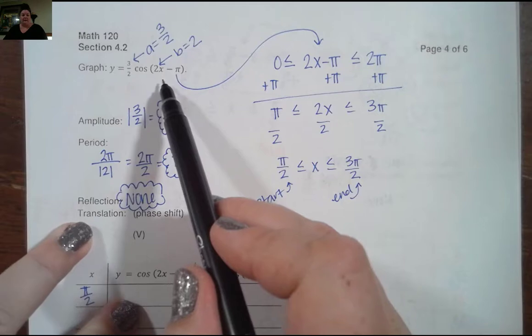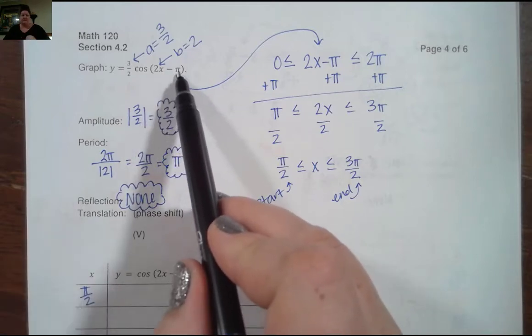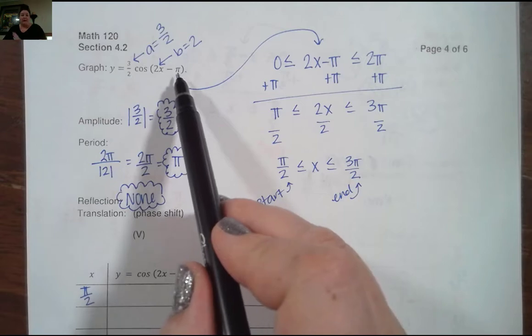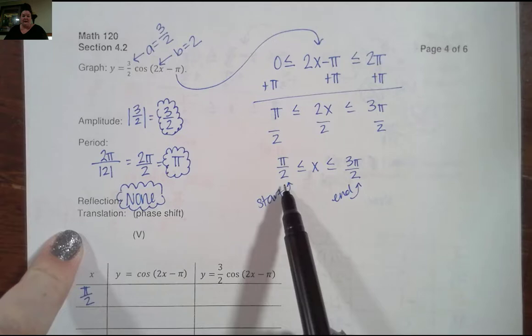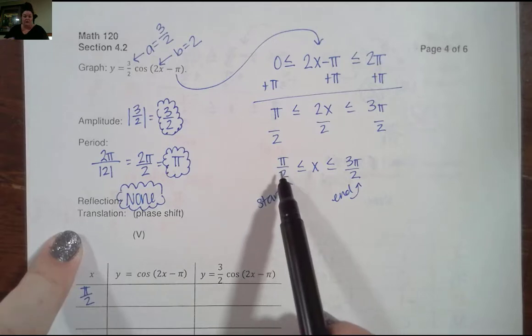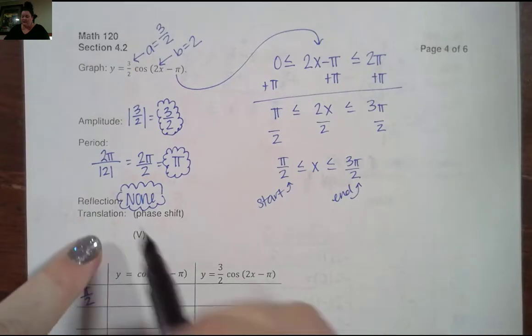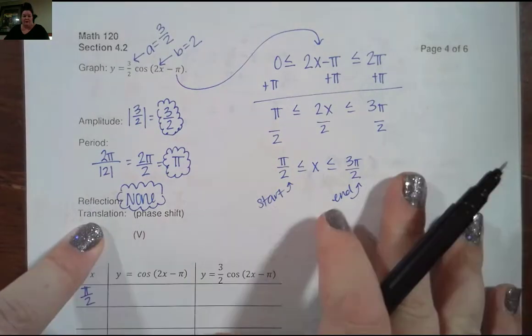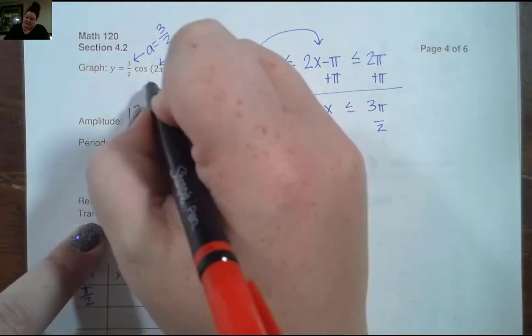So you can't look up here and just say, oh, it's subtracting pi, so that's going to be a shift to the right pi. It doesn't work that way, because notice we didn't go to the right pi, we went to the right pi over 2. So when I say you have to factor out the b, if you're just listing your translation, you have to make sure you factor that 2 out.